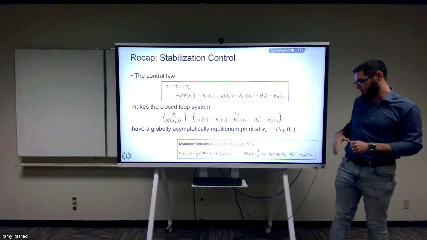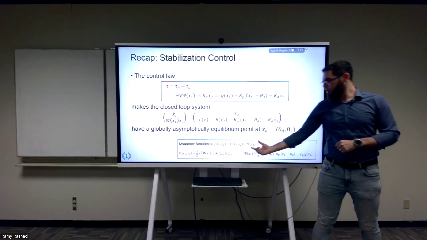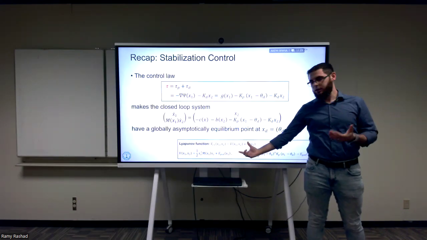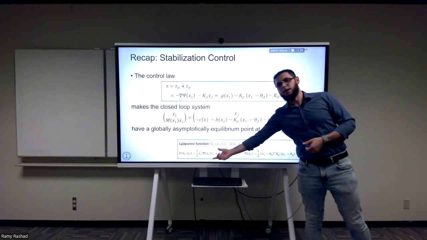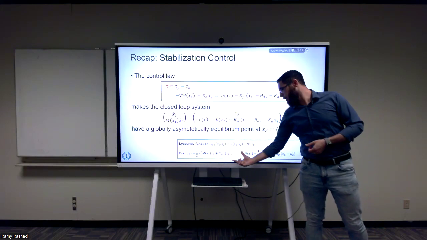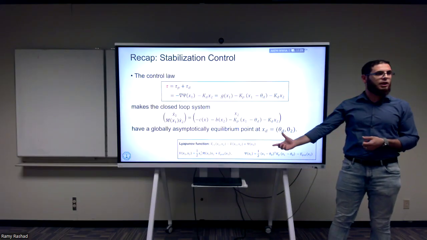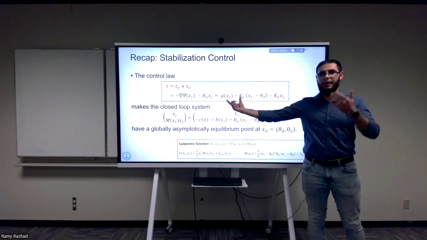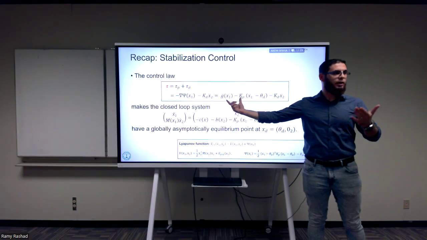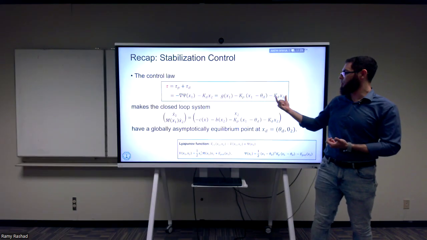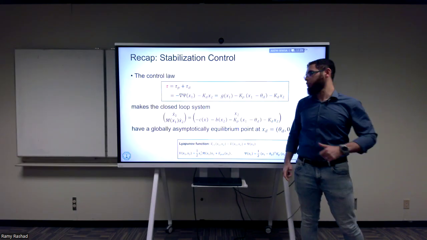So nothing fancy there. And the original total energy that we had in the system was the kinetic energy plus the potential energy. So we just cancel out the potential energy, which leads us in the end naturally to have this gravity torque coming. Okay, and we have this proportional plus derivative plus gravity compensation controller.